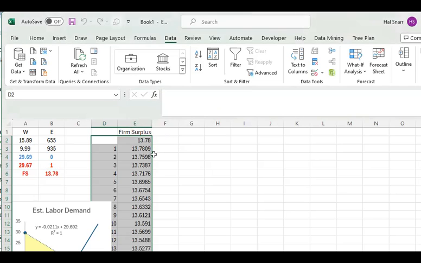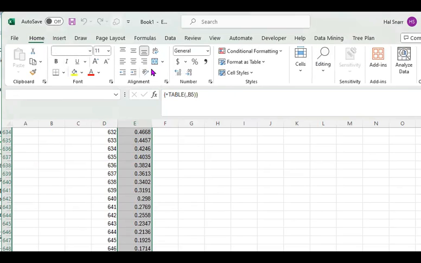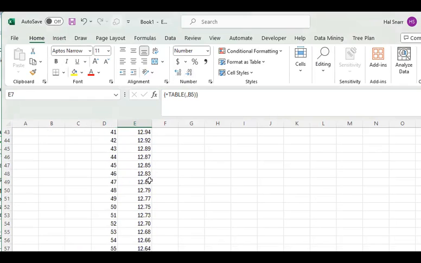Okay, so notice it starts out at 1378 right here. Let me reduce it to 2 decimal places. So I have the firm surplus of the first employee, the second employee, the third employee, the fourth employee, the fifth employee, all the way down.